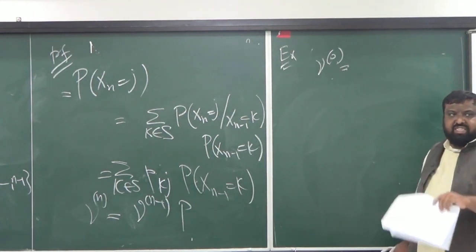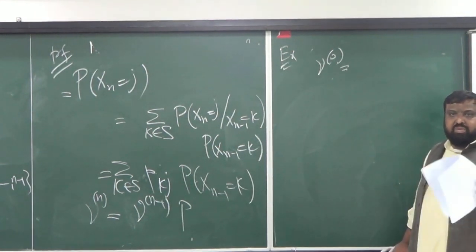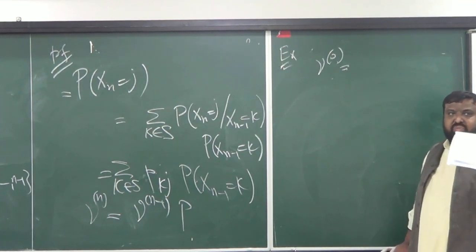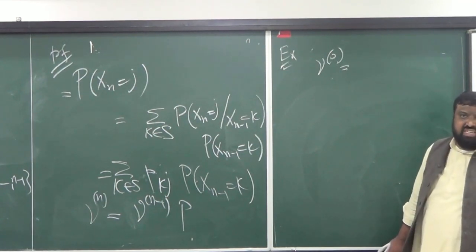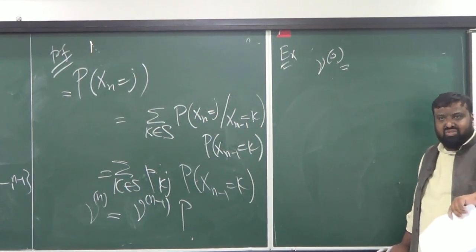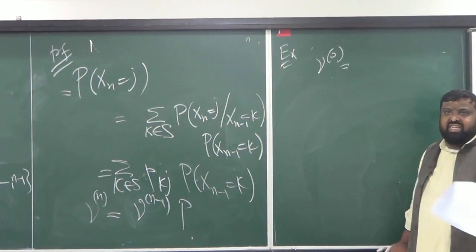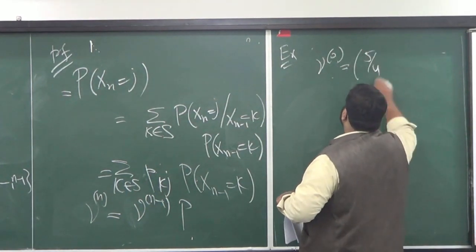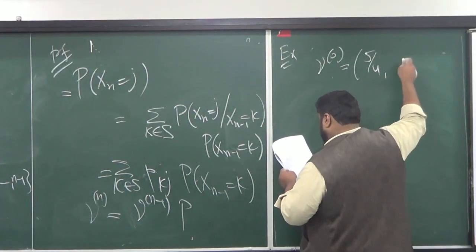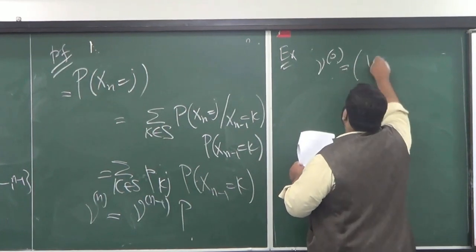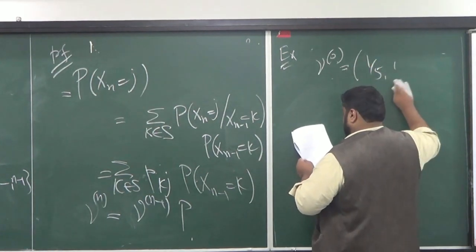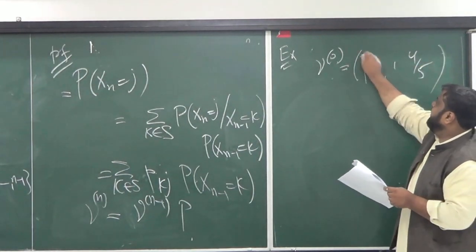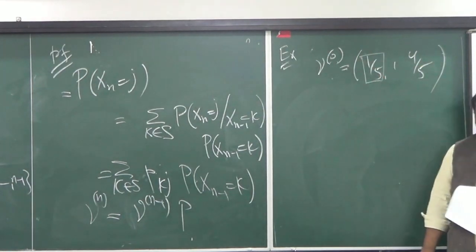It's a vector that contains the probabilities of the weather being in the states wet and dry. I'm assuming it will be 1 by 5 and 4 by 5. What would be the interpretation of this?